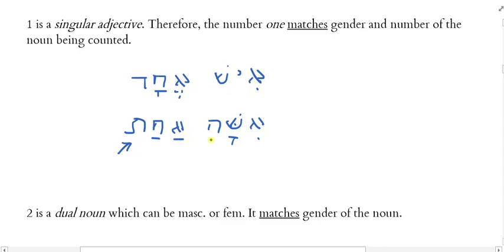Now, there is, believe it or not, a plural form to the number one. I don't have it on your chart, but it is in your Ross chapter, okay? And let's take a look at it real quickly here. The number one in the plural is achadim. So echad becomes achadim.